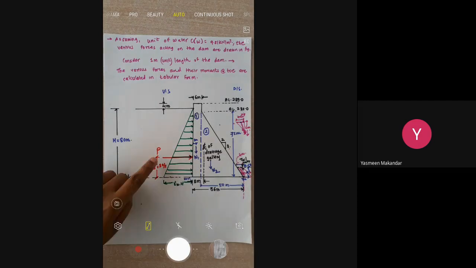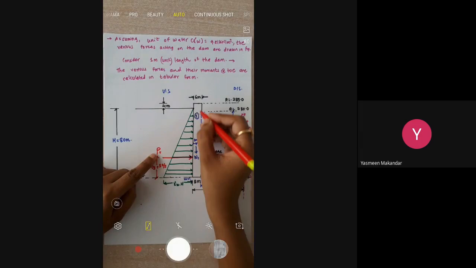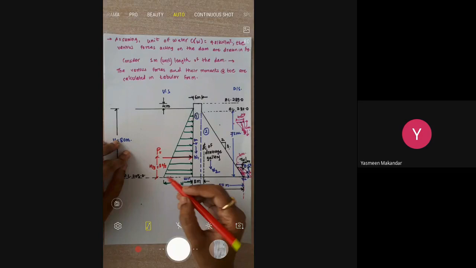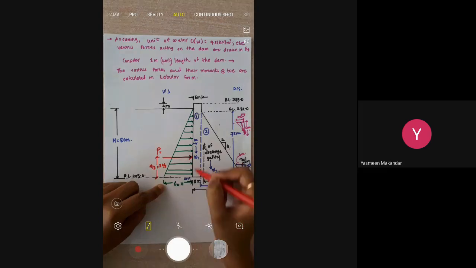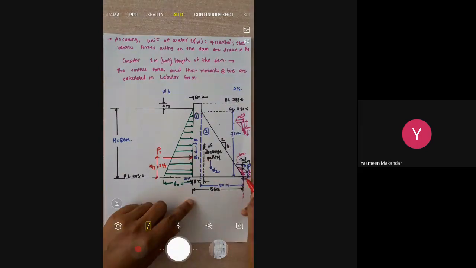The magnitude of this hydrostatic force P will be equal to the area of this triangular portion drawn in green color, that is the area of the hydrostatic pressure distribution diagram. This is a triangular portion having base gamma W into H, height H as 80 meter. So the area of the triangle will be half base into height, that you can do. Now on the downstream side there is water for a height of 6 meters.